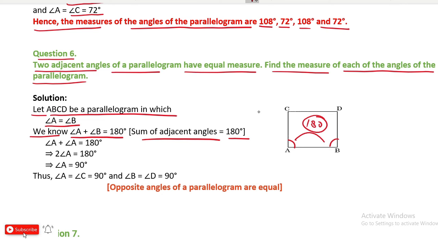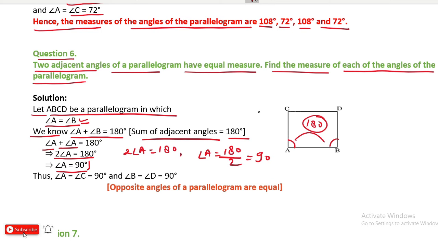Then angle A plus angle A, since angle B is equal to angle A, is 180. Then 2 angle A is equal to 180. Then angle A is equal to 90. Why? 2 angle A is equal to 180, then angle A is equal to 180 upon 2, and it becomes 90.